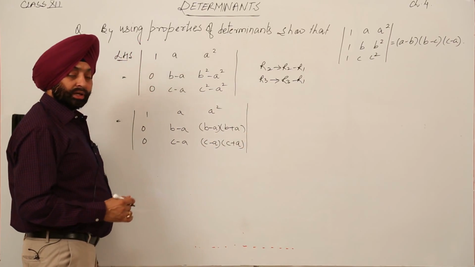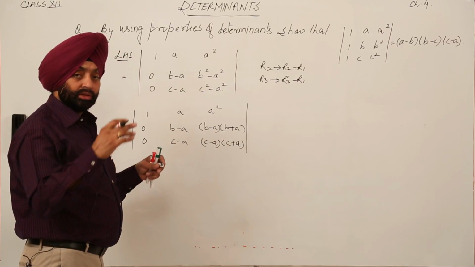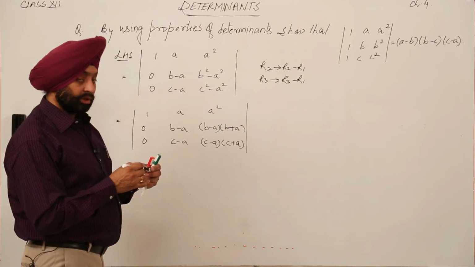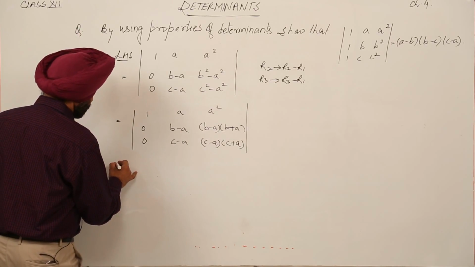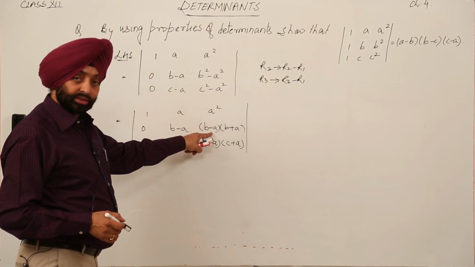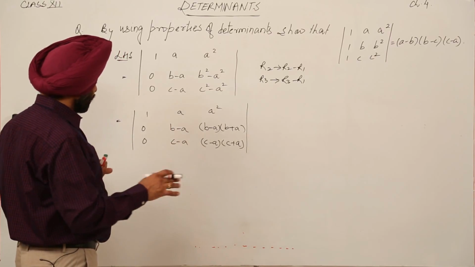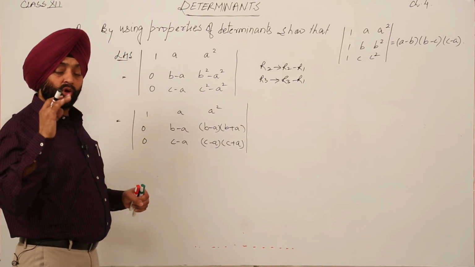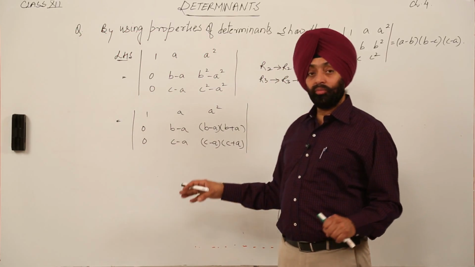What I have done is use the identity a square minus b square is equal to a minus b into a plus b. Now it seems we are having b minus a here also, b minus a here also, c minus a here also, c minus a here also. Now I can take common b minus a from R2, and c minus a from R3.